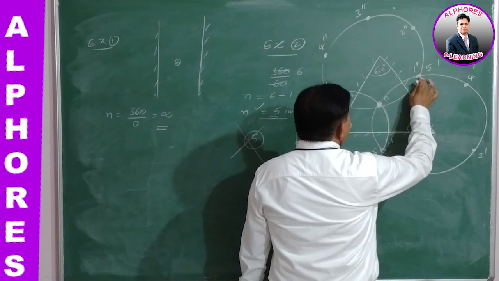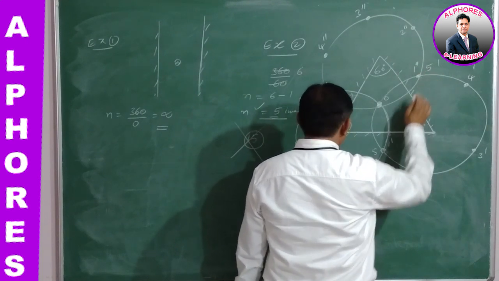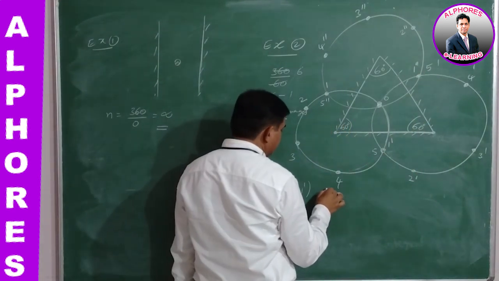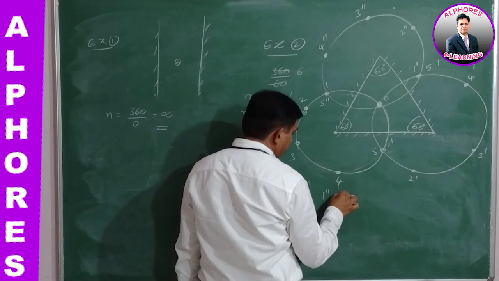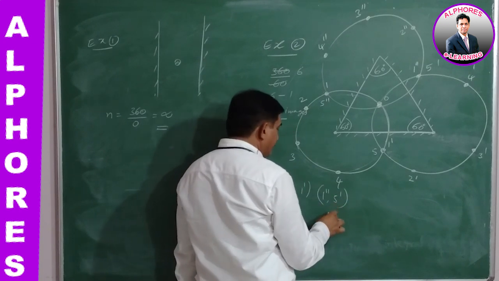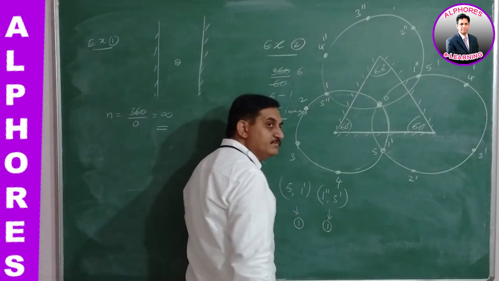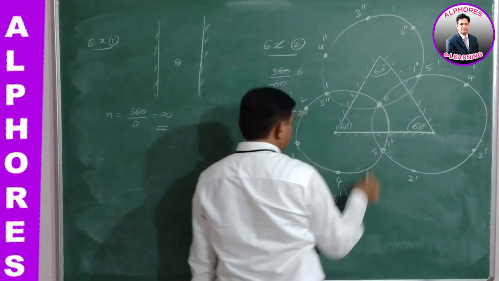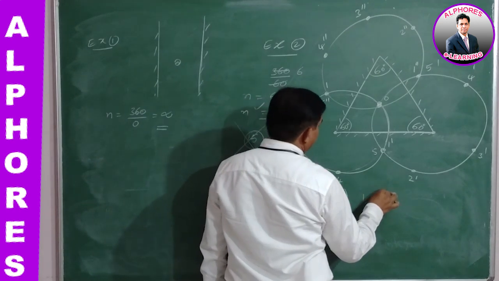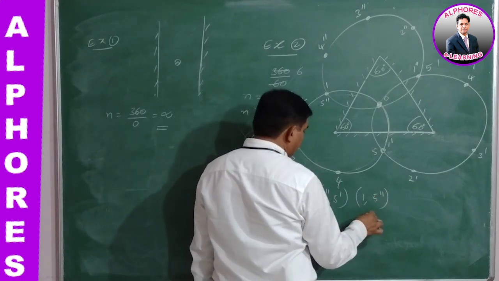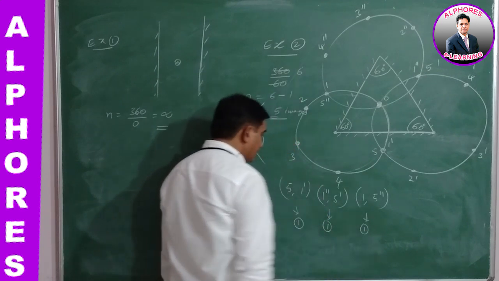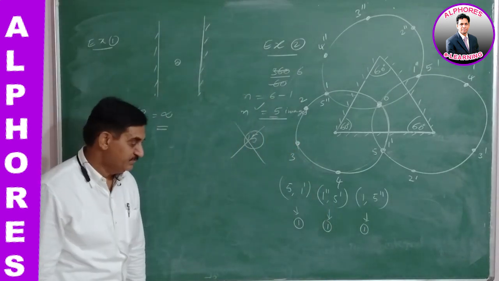Now here 1 double dash and 5 dash both coincide with each other. Instead of two images we count a single image, and here also common 1 comma 5 double dash. Instead of two images we can count them as a single image.